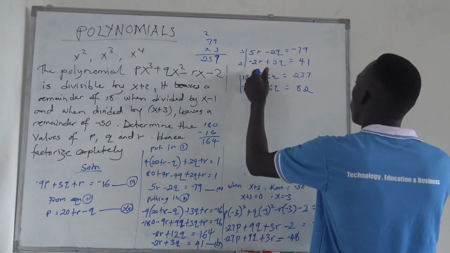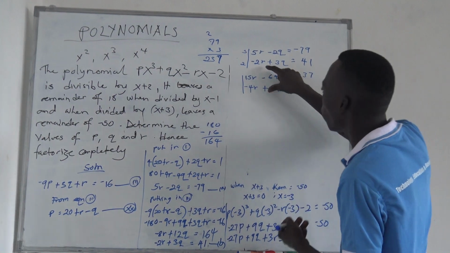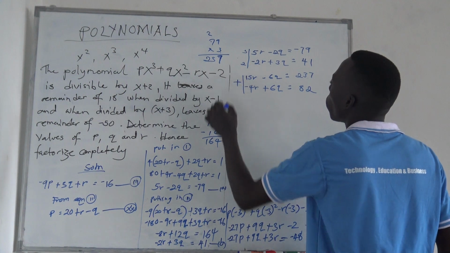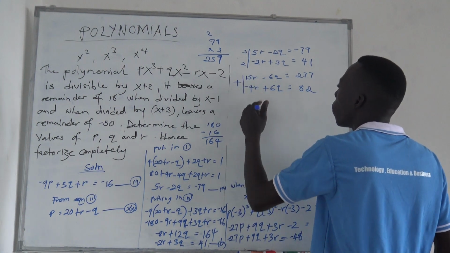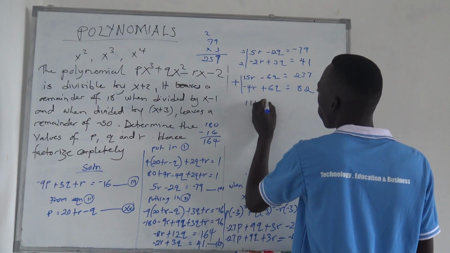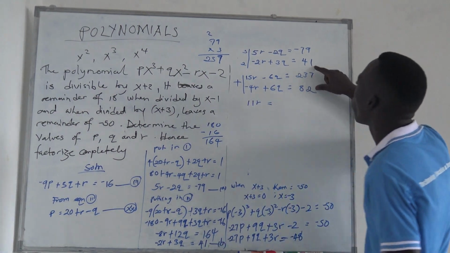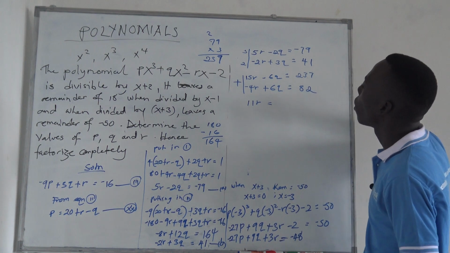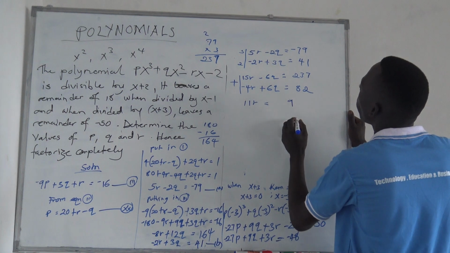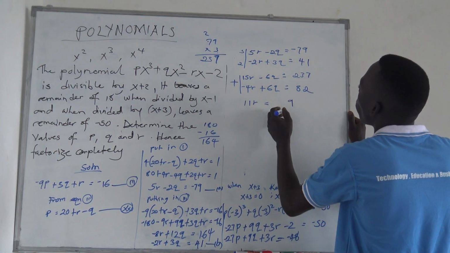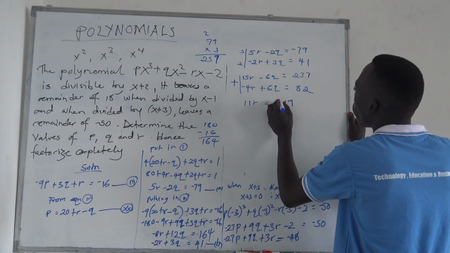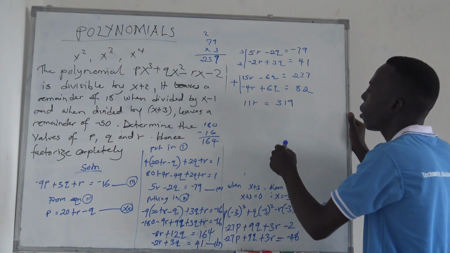So since the 6Q and 6Q have different signs, we just add the two equations. This one now gives us 11R equals, when we add this one plus this one, 319.